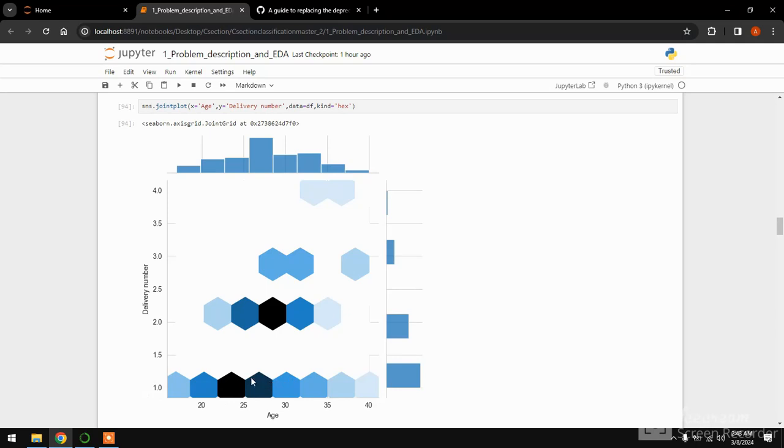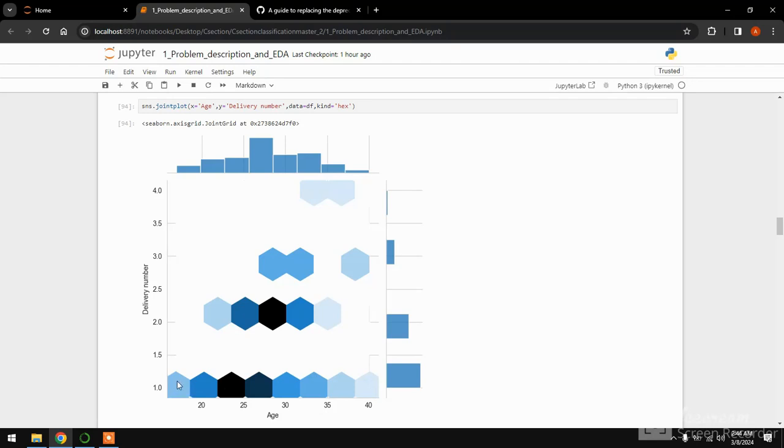Most people, however, lie at their first delivery. Most people in this data set are giving birth for the first time, even up to 40 years. There's something there.